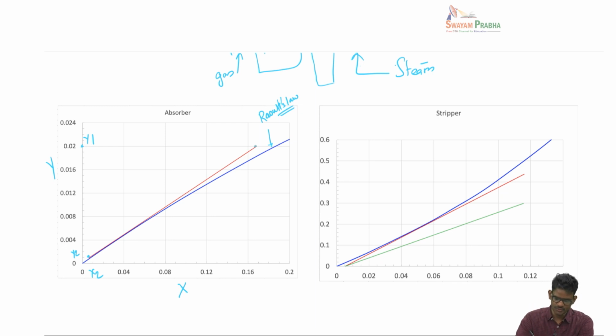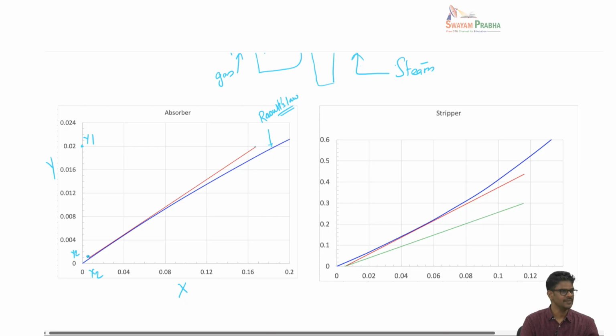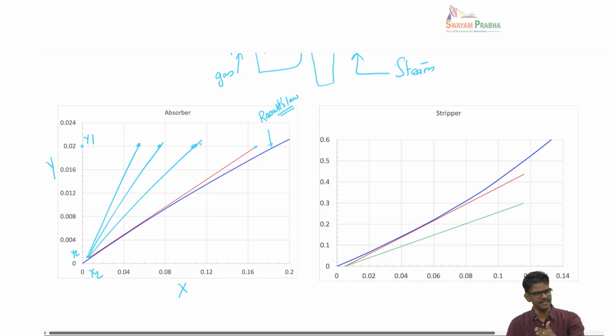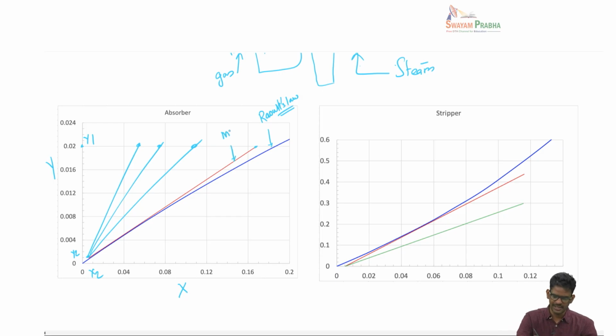The red line that you see here is drawn such a way that it just barely touches the blue line. This point is fixed, and the red line is drawn such that the end point touches 0.02. You have several possibilities, each one of them valid as long as they all stop at 0.02, and you keep decreasing until you touch the blue line. This corresponds to the minimum LS.